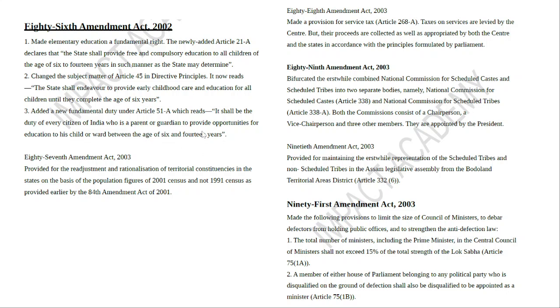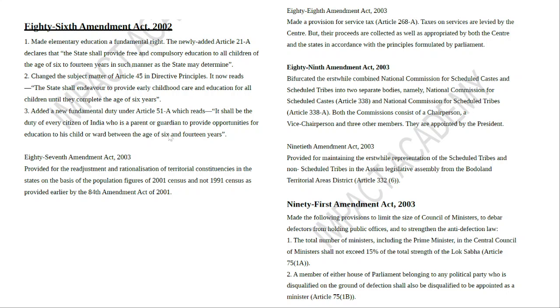So it's a fundamental duty, and for that 6 to 14 they have added 21A in the fundamental rights. So the state shall provide free compulsory education for 6 to 14. Okay. So it is a fundamental right, 21A, and it is also a fundamental duty. Because the state is providing, it is the duty of the parent to give education to the kids.